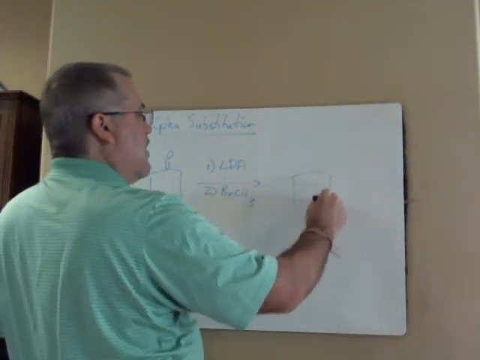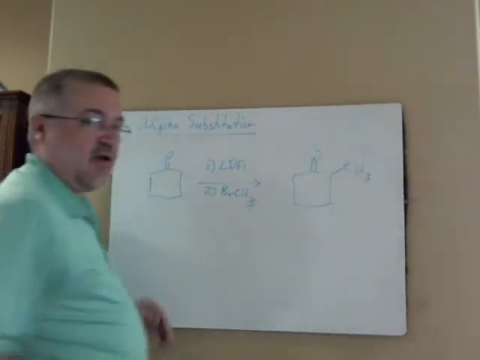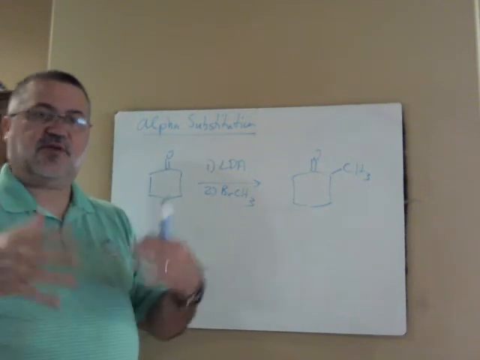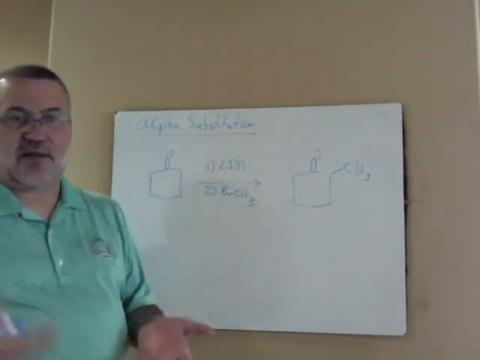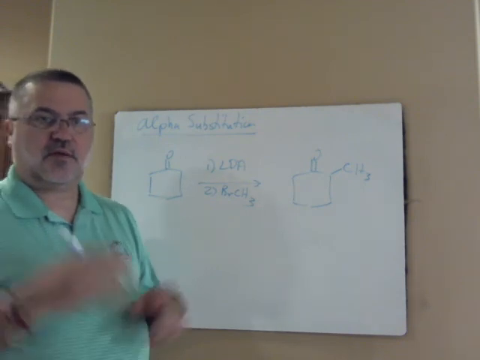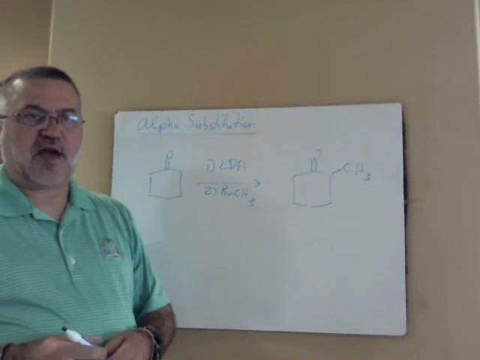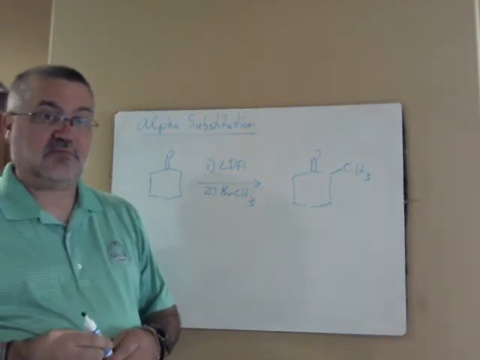And therefore, you know that this was going to be alpha substitution. Now, let me stress that I'm doing this without lecture notes because I'm just trying to give you some overview. You're not going to get tested on this. This is just so you kind of know that this kind of stuff happens. All right.